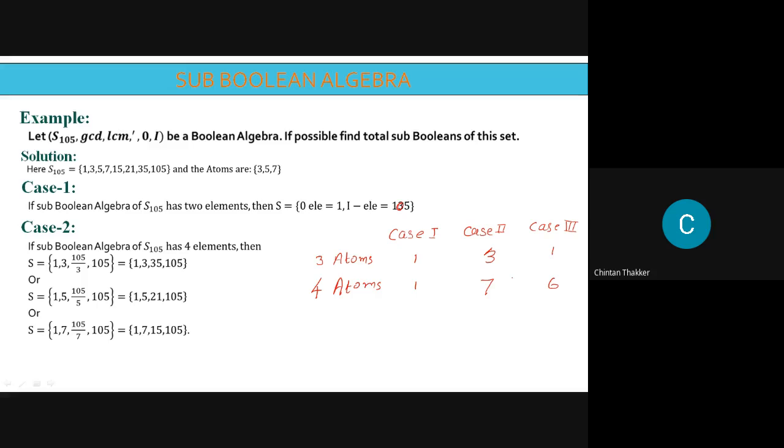So remember this: if you have three atoms, then the number of sub-Boolean algebras is 5. If you have four atoms, then the sub-Boolean algebras are 15. Case 4 is the set itself.